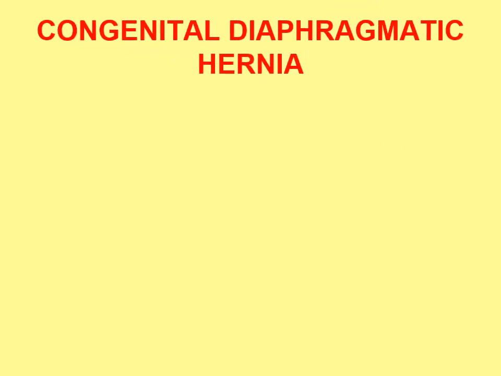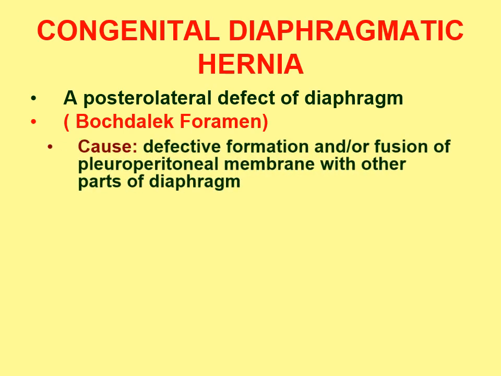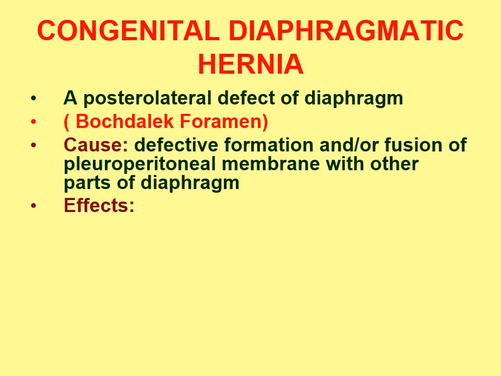So what is the congenital diaphragmatic hernia? This is a hernia which is a defect in the posterolateral wall of the diaphragm. Whenever there is a posterolateral defect of the diaphragm, that is known as congenital diaphragmatic hernia.